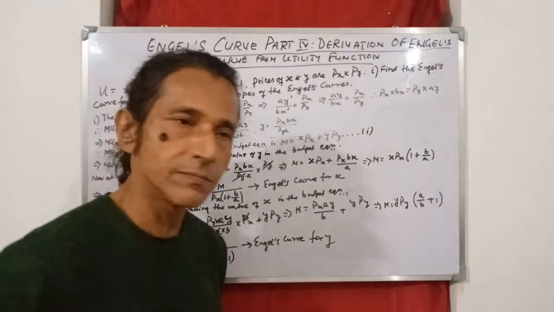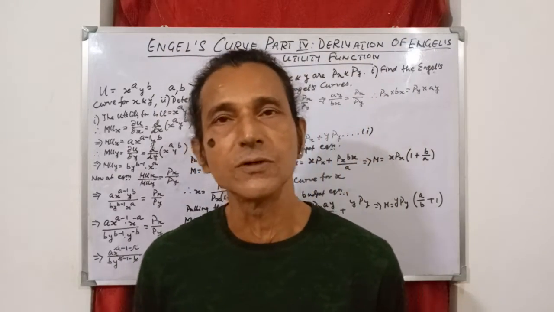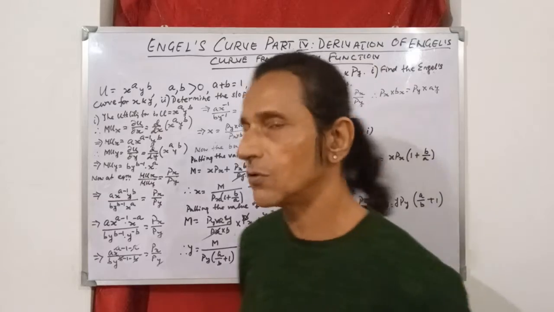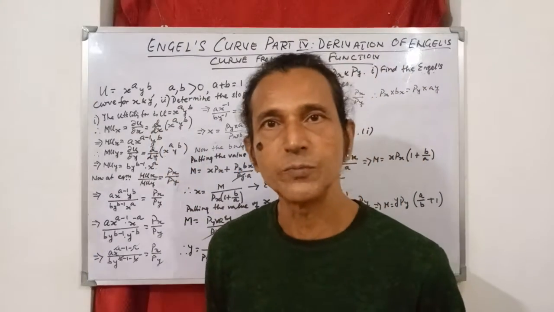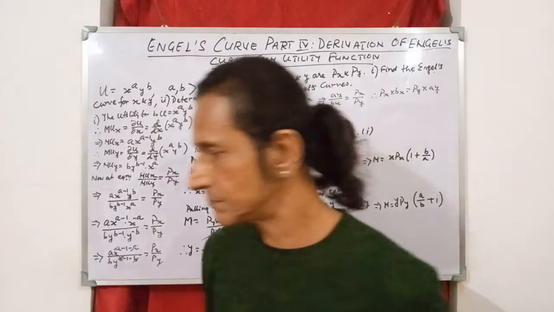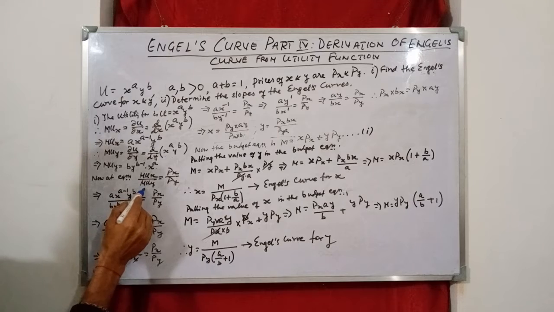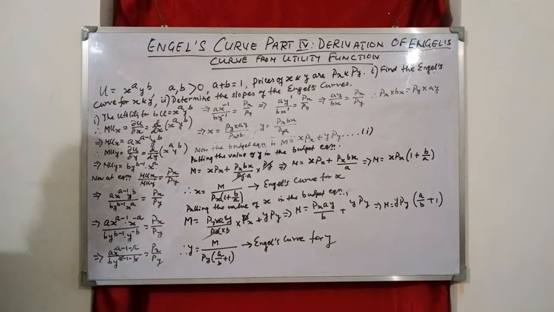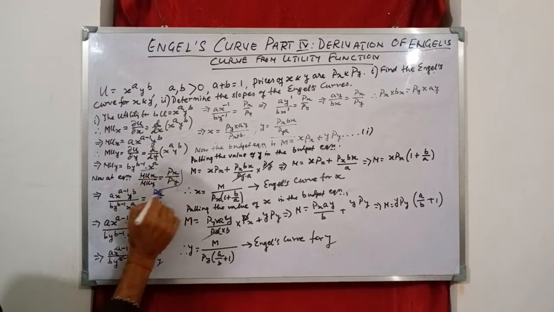Now at equilibrium, the ratio of marginal utilities is equal to the ratio of prices. Therefore, MUx divided by MUy will be equal to px by py at equilibrium. Now we have put the value of MUx and MUy in this equilibrium condition.